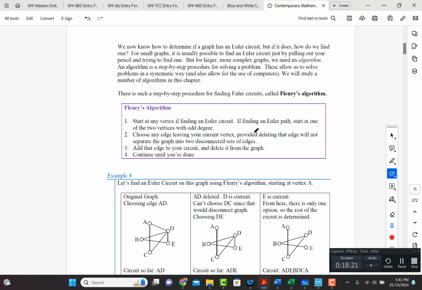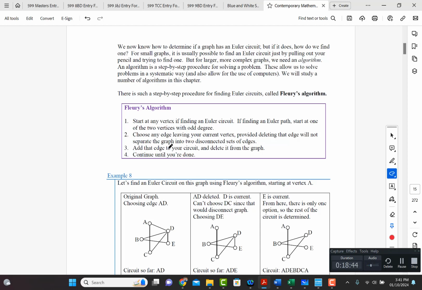If finding an Euler path, start at one of the two vertices of odd degree. Remember, the starting point has to be one of those. So if it's a circuit, start at any vertex. If it's a path, make sure you start at one of the vertices that has an odd degree.